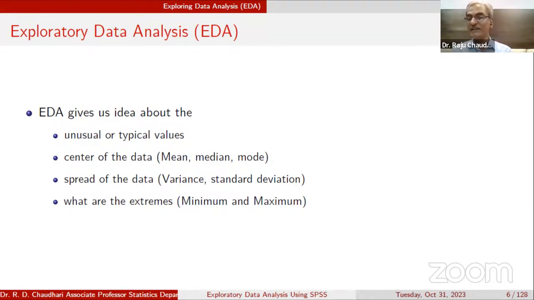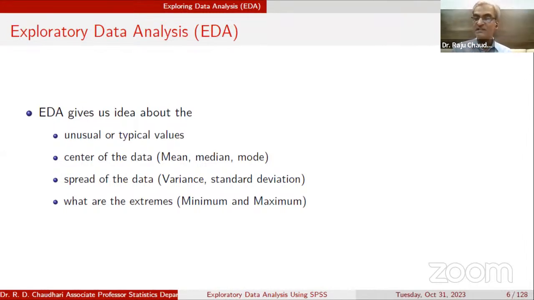Then the center of the data. If we are talking about numerical data, specifically scale type data, whether it is interval or ratio type data, we try to find out the center of the data. There are three different measures of central tendency: mean, median, and mode. Parag sir already explained which particular measure is used for different types of measurement.